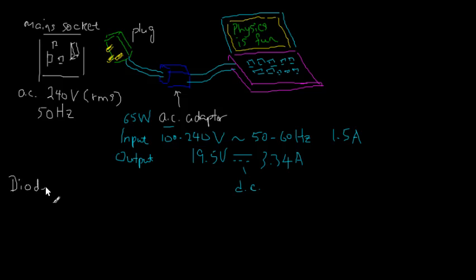Now, many videos ago, I've talked about a diode. If you can remember, a diode is a device that can only allow currents to go in one direction. If you have actually seen a real diode before, there must be many shapes and sizes.